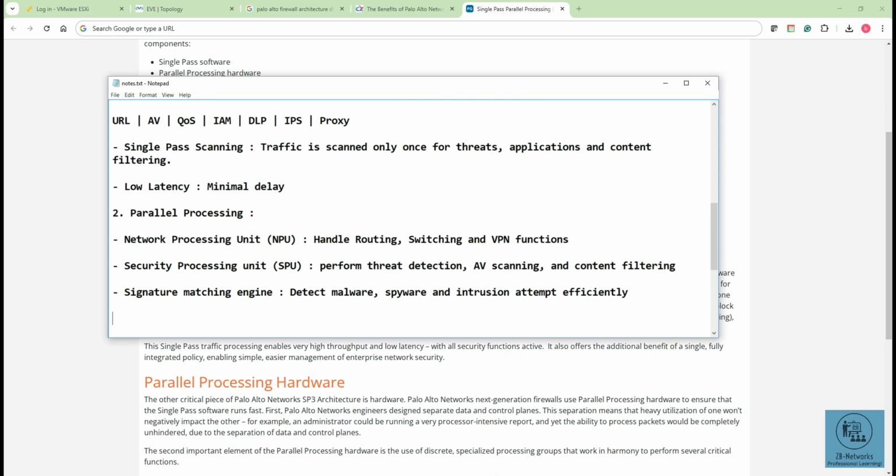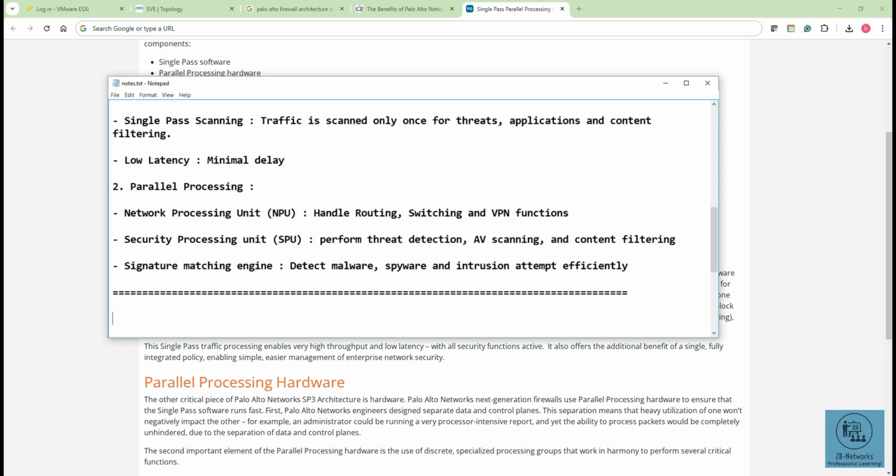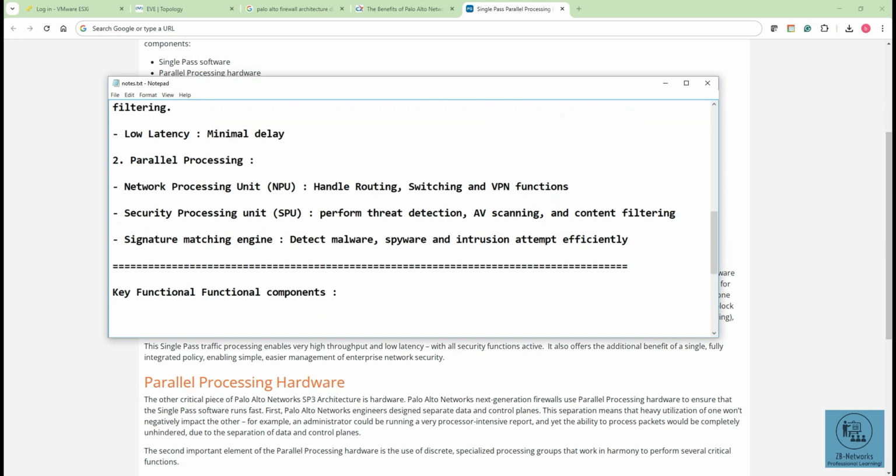As you've seen, these are the benefits and the components that you have in the SP3 architecture. And there are some key functional components as well that you must remember. What are the key functional components? First is the control plane.